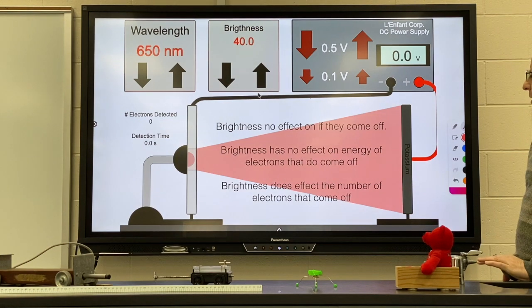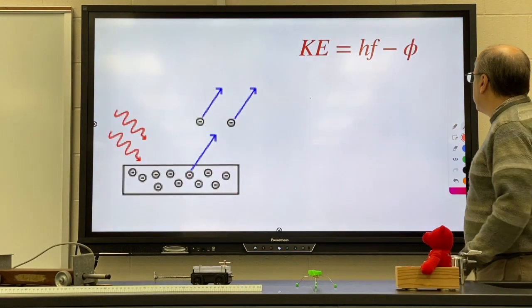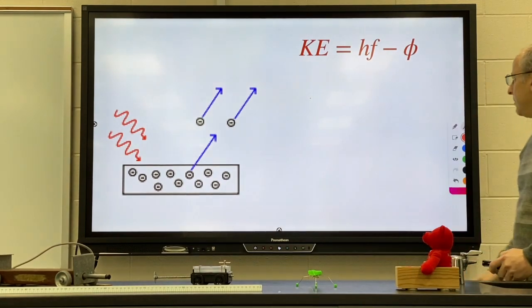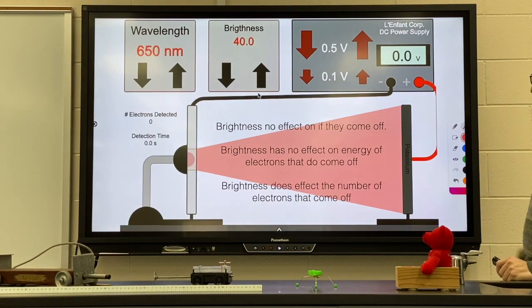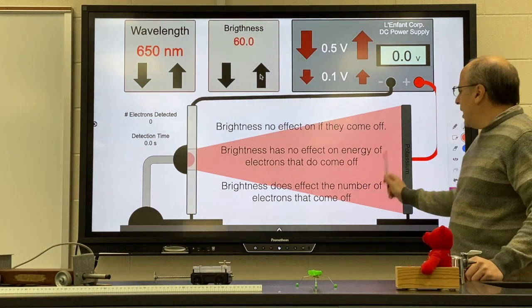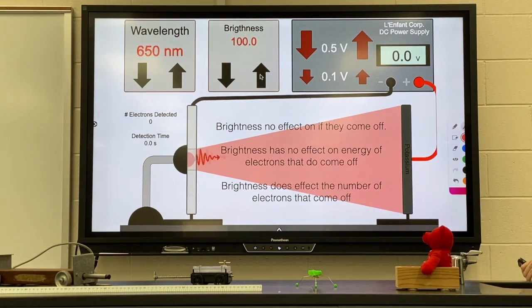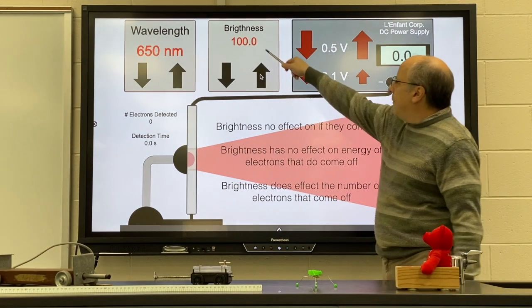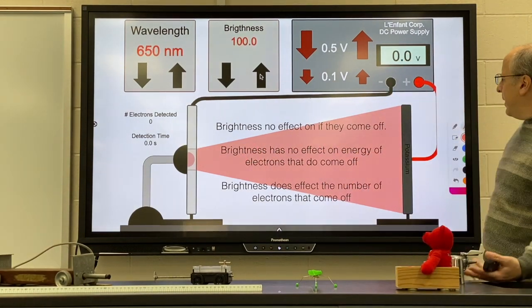Okay, I want to make sure you understand the effect of brightness. So the brightness, you'll notice, does not appear in the equation. So the brightness does not affect if the electrons come off. The brightness has no effect on the energy when they come off. But the brightness does affect the number that come off. So you'll notice I upped the brightness from like 20 all the way up to 100.